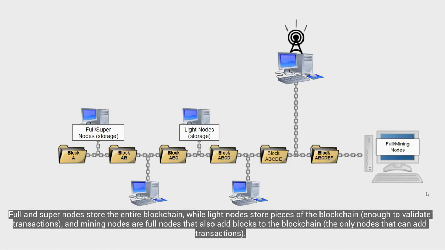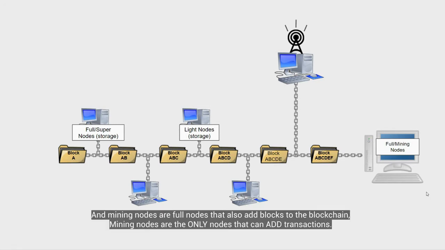Full and super nodes store the entire blockchain, while light nodes store pieces of the blockchain, enough to validate transactions. And mining nodes are full nodes that also add blocks to the blockchain. Mining nodes are the only nodes that can add transactions.